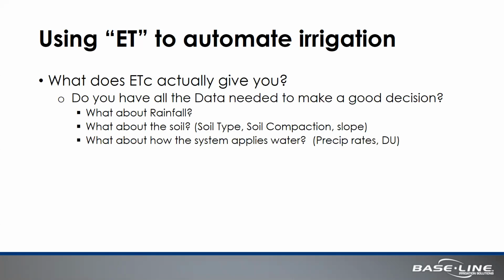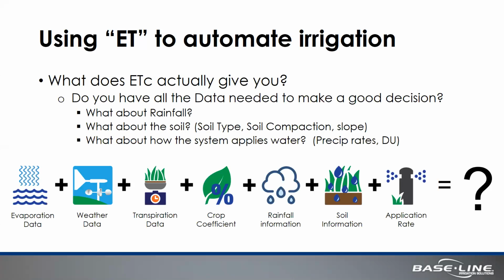We can achieve that. And there's inputs that are put into the control system to accommodate these different factors. But we need to make sure that our measurement is correct and accurate, and our inputs are accurate and detailed enough so we're providing the data to the controller so it can make a smarter irrigation decision.